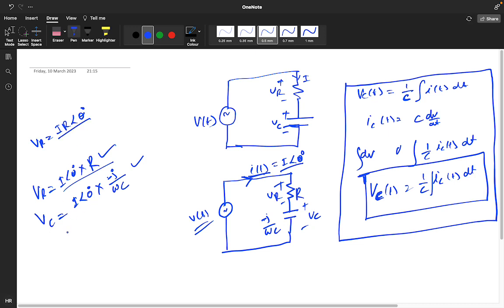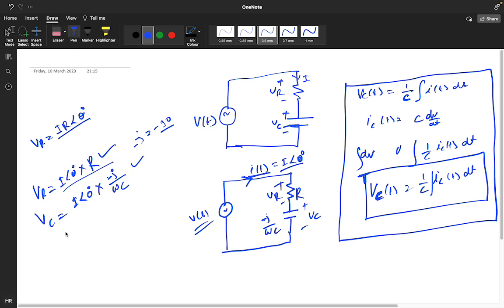But minus j means what? Minus j means minus 90 degree, because the minus sign is there. So Vc will come as I upon omega c at an angle theta minus 90 degree. Correct? This thing you got it? If you are not getting, just tell me.